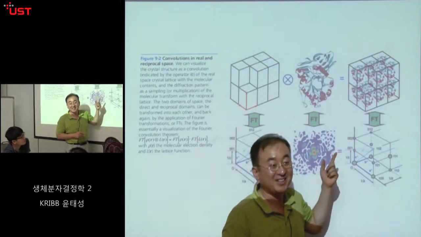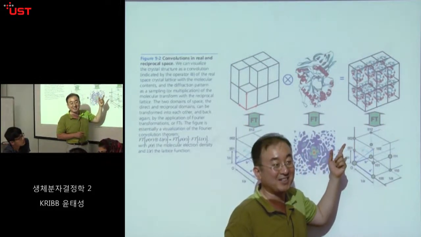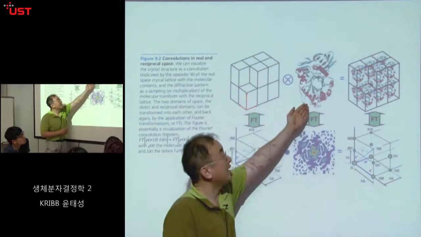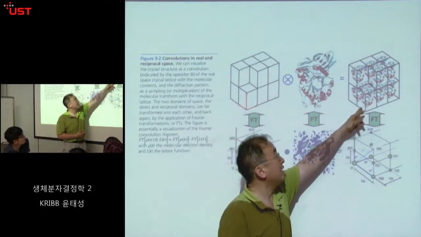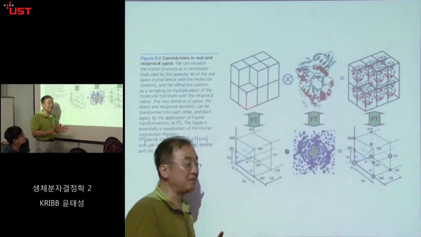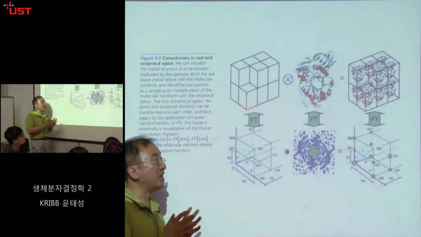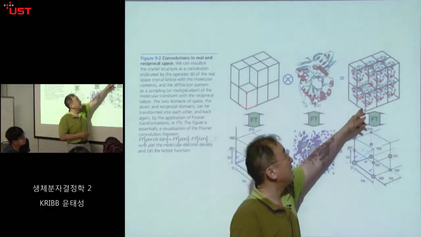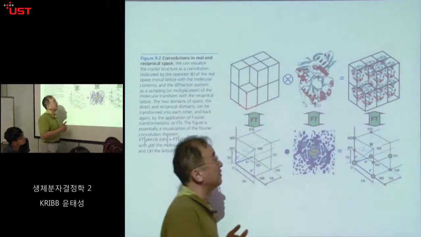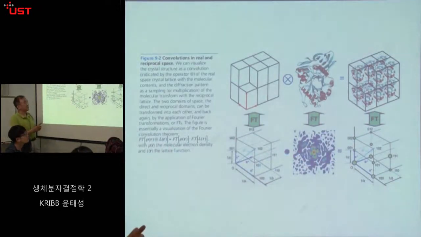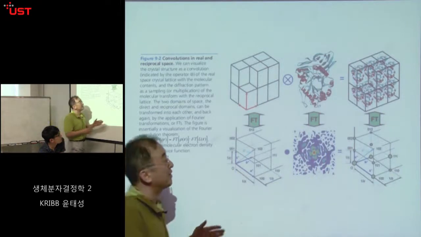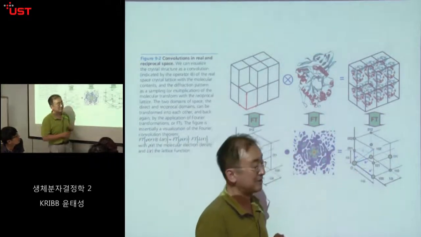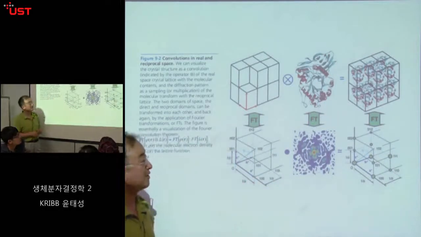You didn't have this kind of cage. Once proteins are aggregated or assembled, we can imagine this kind of cage still, but we cannot have such a cage as atoms, just a mathematical way to think about the assembly of proteins under crystal conditions. Okay, so anyway, crystal. Then what is this? Fourier transform of crystal.